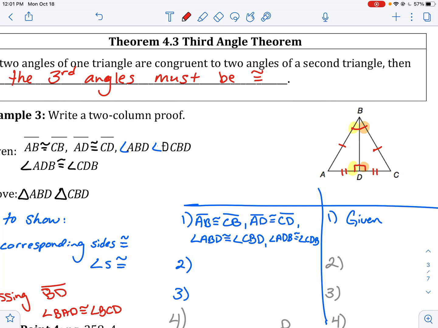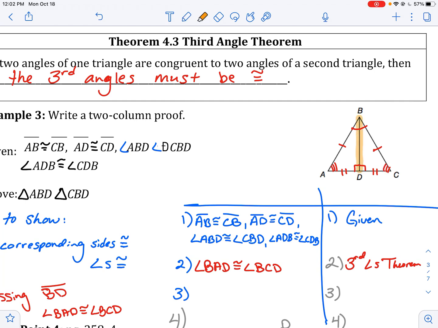And I've got those two pairs, so then I can say that angle BAD is congruent to angle BCD by the third angles theorem, that says that if you have two pairs of angles, which we do, that are congruent in triangles, and that's only for triangles, then the third angles must be congruent. So I can use my third angle theorem to say now that these angles must be congruent.